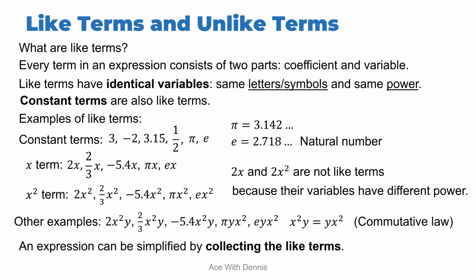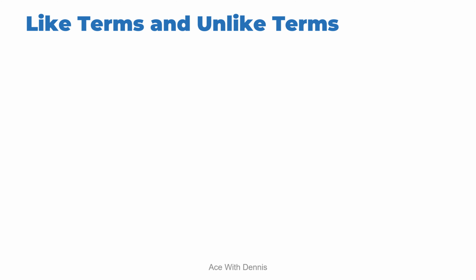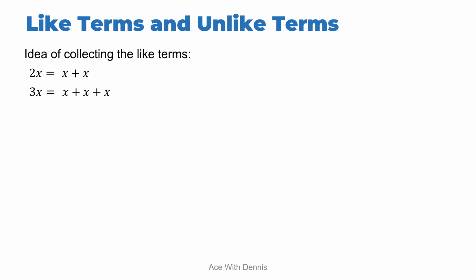An expression can be simplified by collecting the like terms. Here is the idea of collecting the like terms. 2x means x plus x. 3x means x plus x plus x.